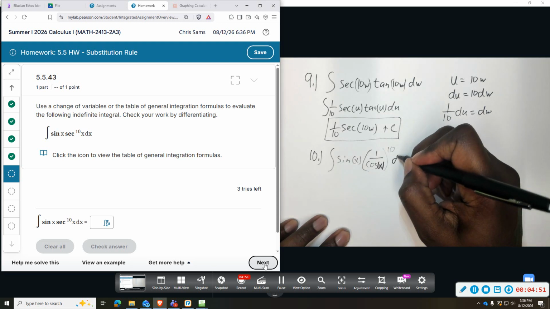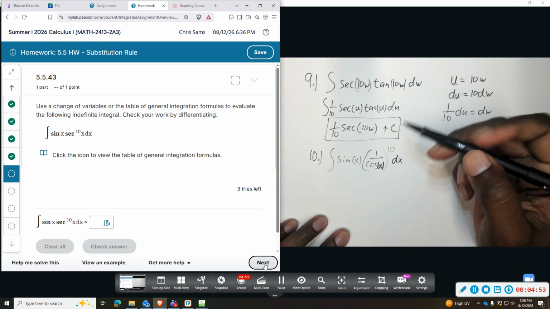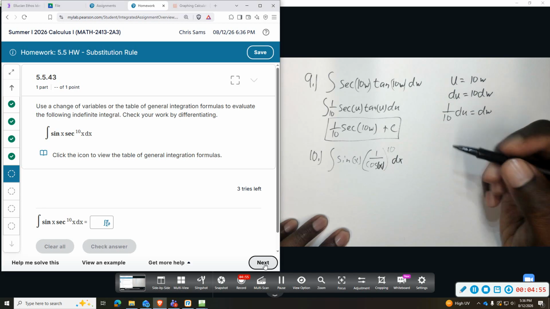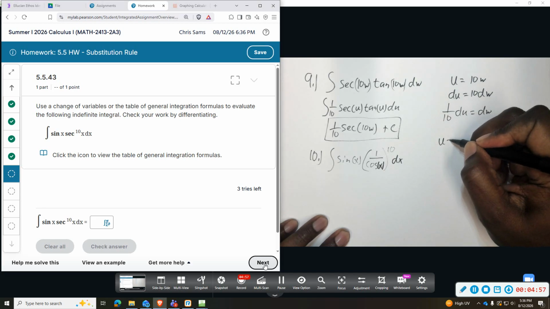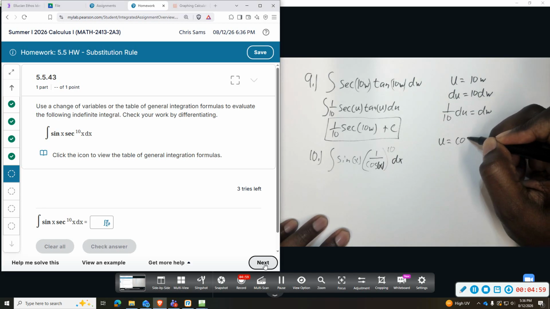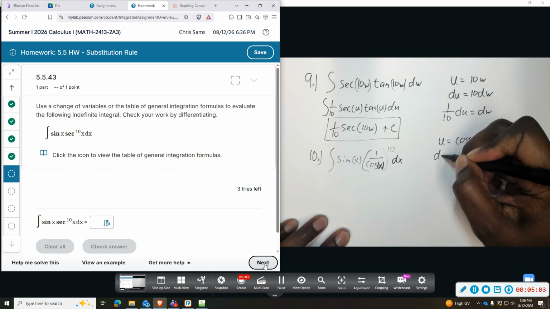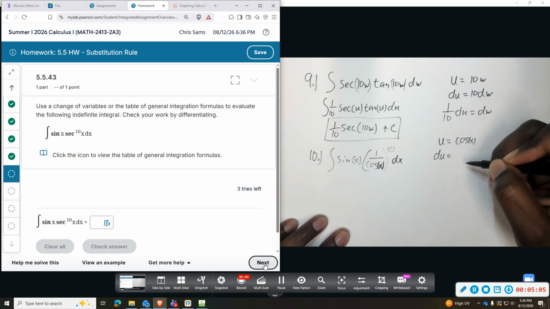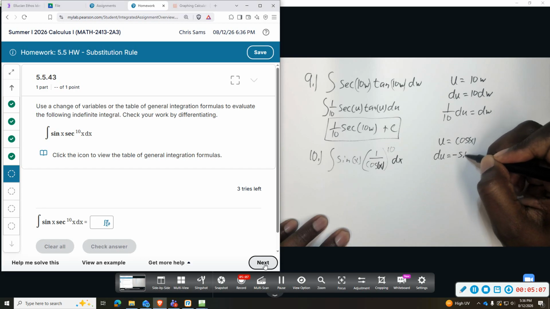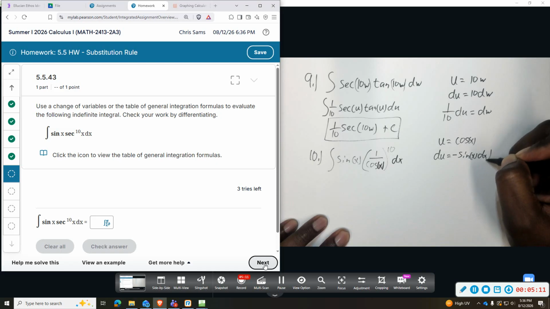This way, we can now say that, okay, u can be cosine. du, the derivative of cosine, is equal to negative sine x dx.